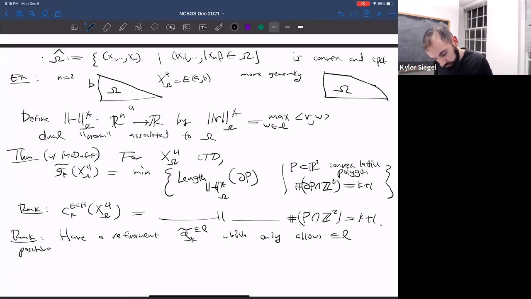And this again behaves like a capacity, with one caveat, which is that it's not monotone anymore under arbitrary symplectic embeddings. It's only monotone under exact symplectic embeddings.